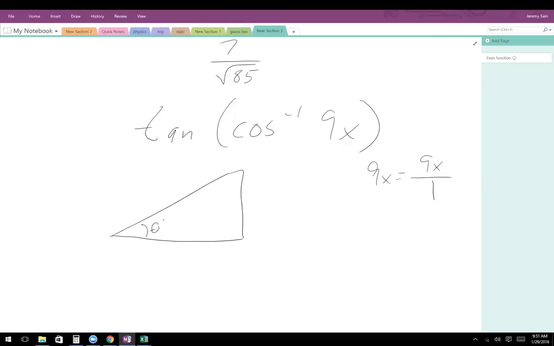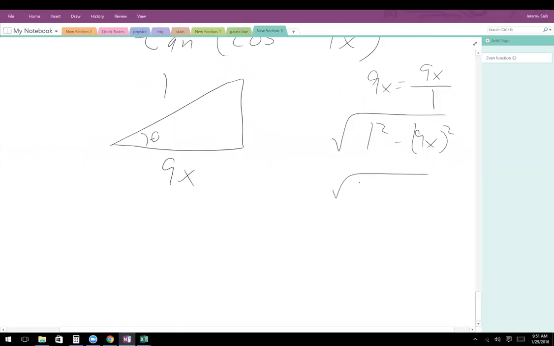But okay, so cosine is adjacent over hypotenuse. So I want to put that as my adjacent. That is my hypotenuse. How am I going to find the other side? Pythagorean. So square root of 1 squared minus 81x squared, so square root of 1 minus 81x squared.